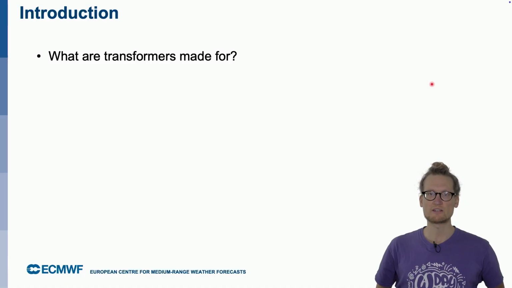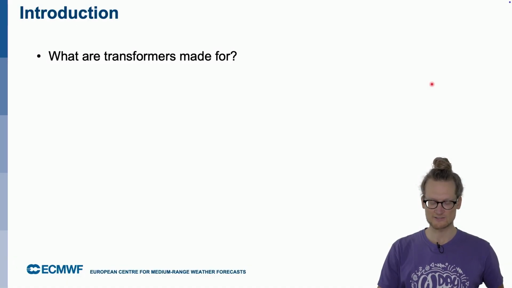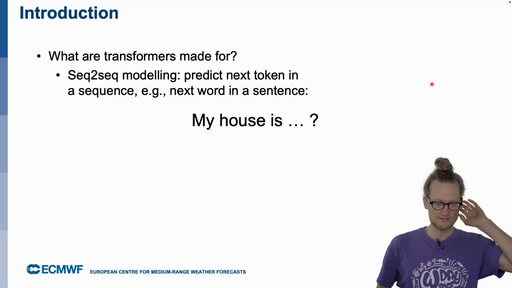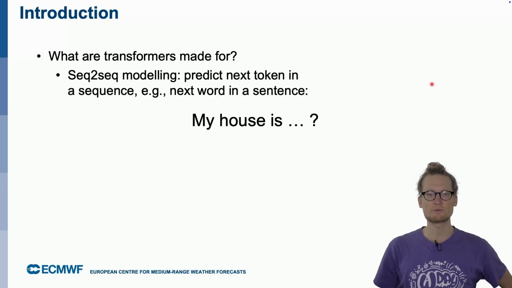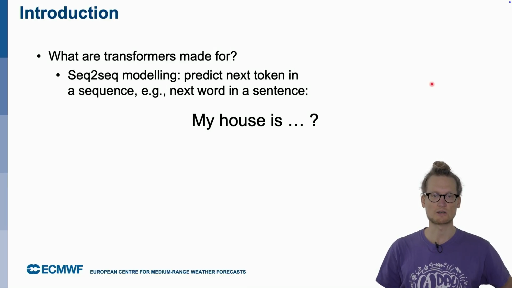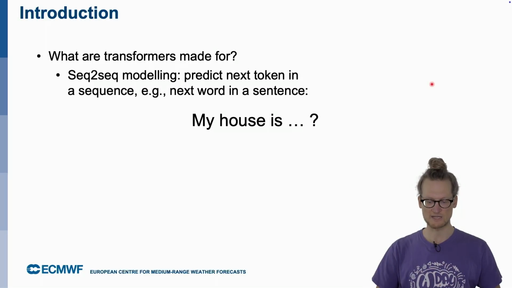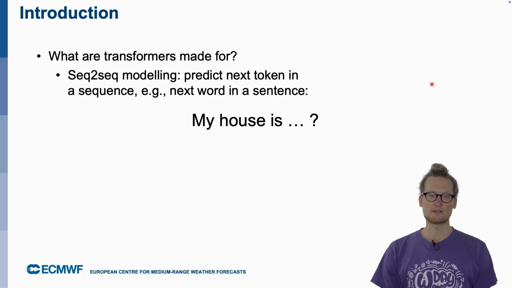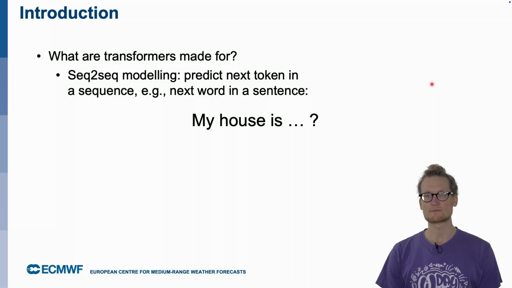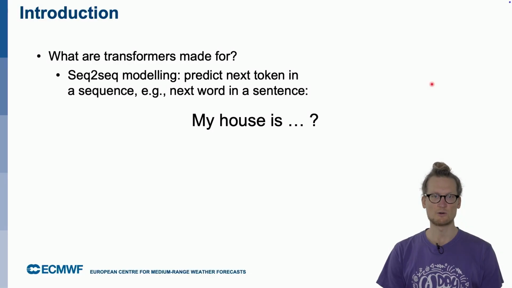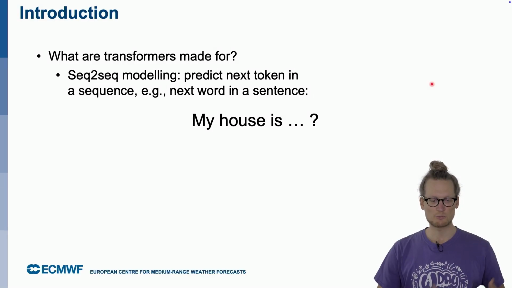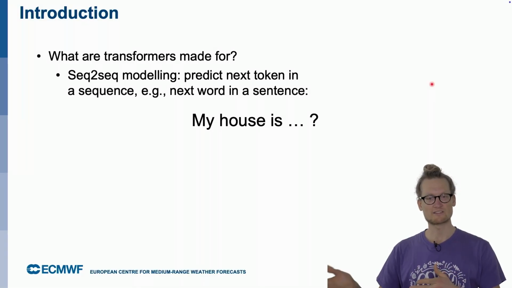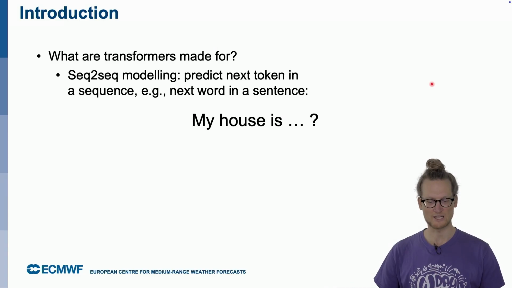What are transformers made for originally, and why are they so popular nowadays? Originally, transformers were designed for sequence-to-sequence modeling. That is, for example, for processing sequences. And a very popular task is, for example, next word prediction in a sentence. So if we are facing this sentence, for example, "my house is", then you may complement this sentence and continue it in some reasonable way, hopefully.